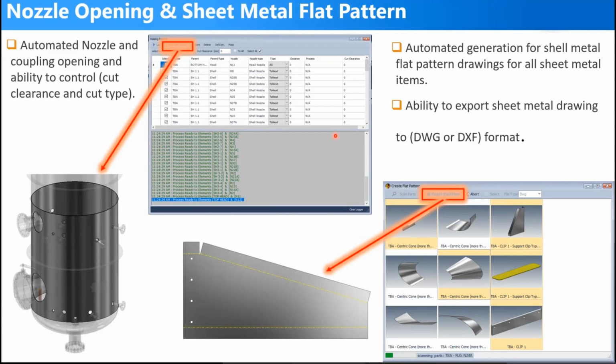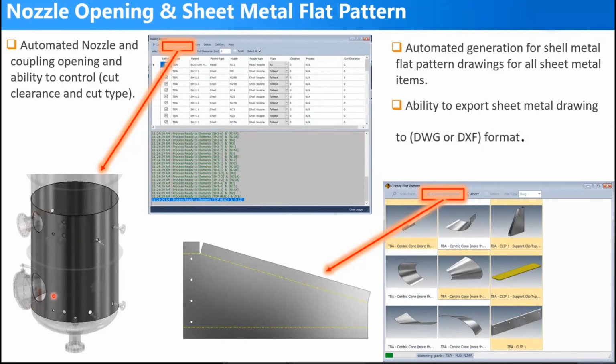Yes, yes. By using the holing process, you have the ability to define the clearance of the cut around the nozzle. After that, by using this tool, you will get a cut around the nozzle with the clearances that you defined, as you can see here and there, for each nozzle.